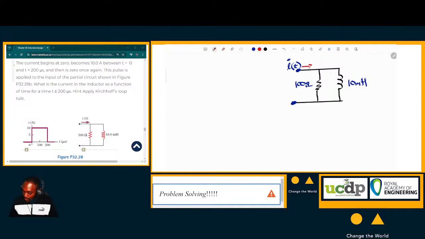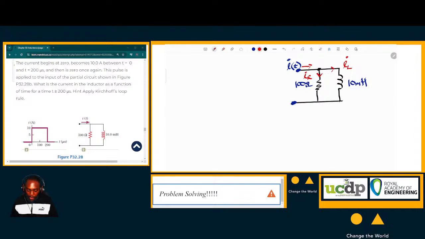Then obviously we know that we've been given a hint, which means that current is going to split at a junction, right? Flow in this direction. So this would be your current I through the resistor, and we'll have another current here, I through the inductor.